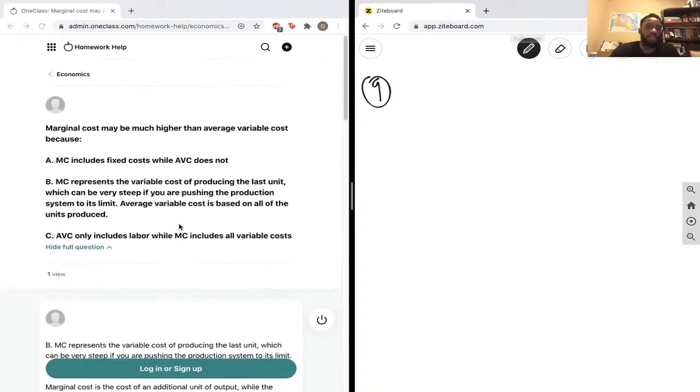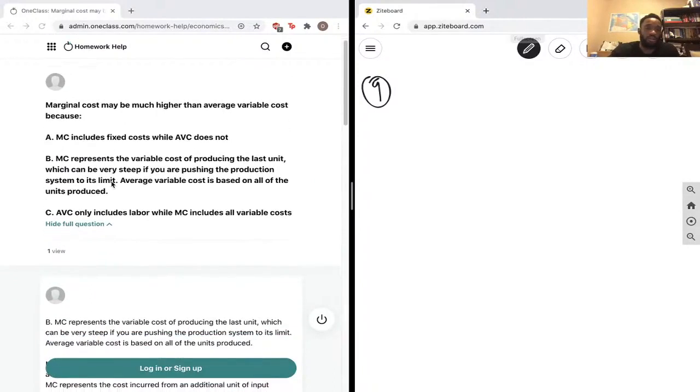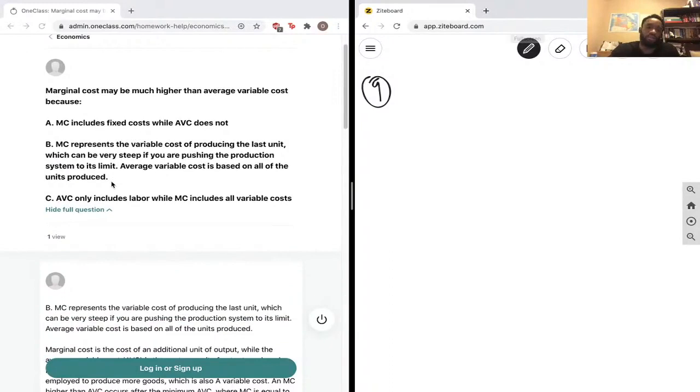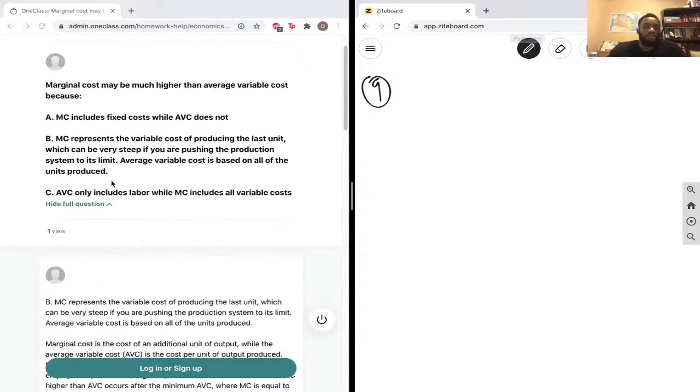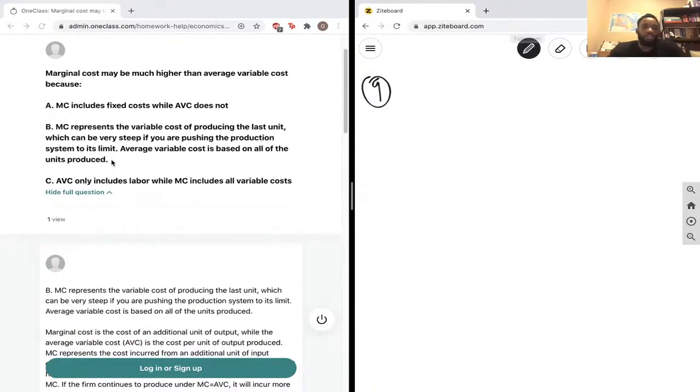So basically I do agree that B is the correct answer, because actually A could also be correct because fixed costs are included in marginal costs and variable costs are not included.